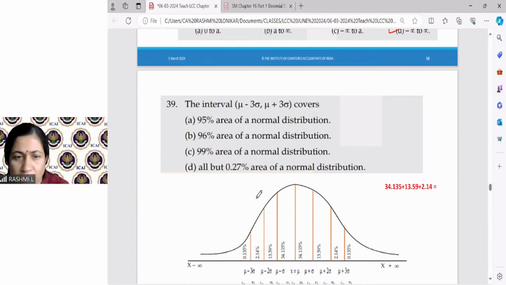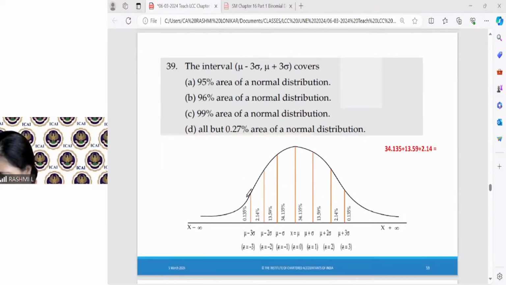Anushka is saying A, D. Kritika is saying D. Anybody else? See, they have given the graph also. So if they have given the graph and if I add, what will happen is that it is covering. Yes, C is also correct.